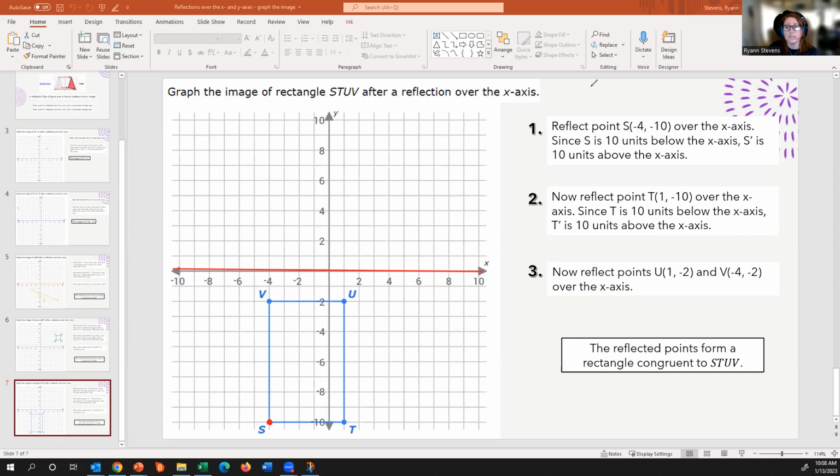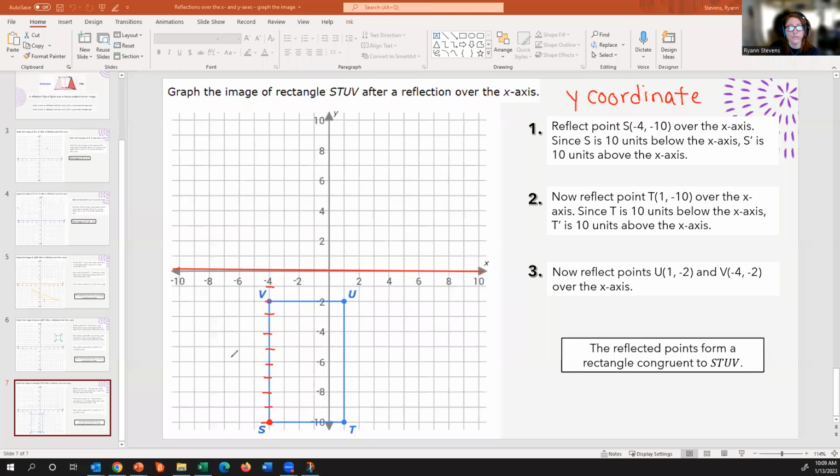And remember, if you're reflecting over the x-axis, that means the y coordinate is going to be the one that changes its sign. So if it's a positive, it's going to go to negative, and if it's a negative, it's going to go to a positive. So I'm going to start with S, and I'm looking at the x-axis. 1, 2, 3, 4, 5, 6, 7, 8, 9, 10 places. I'm going to say that this is 10 places down.